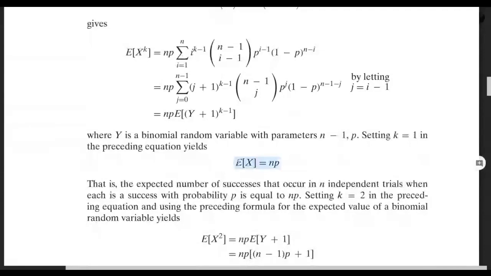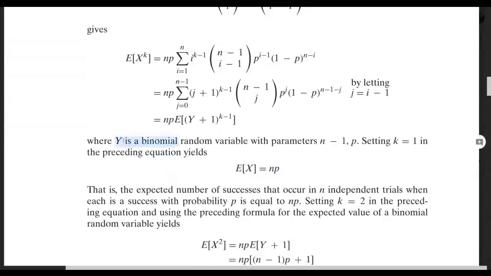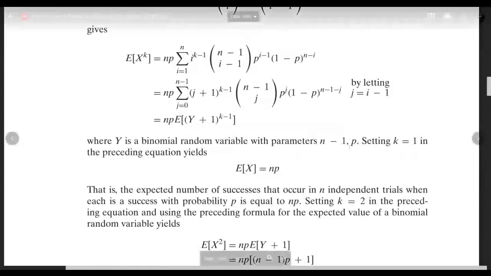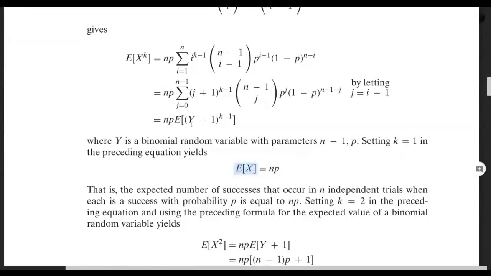So what do we see about this? Expected value of X for binomial is n times p. Y is a binomial random variable with parameters n minus 1 and p. So X is np, and Y is n minus 1 times p. Setting k equals 1 in the preceding equation, this one equals n times p.